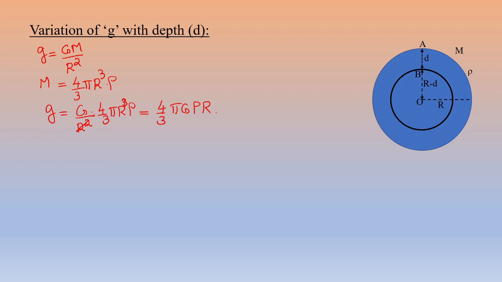Now again look into the figure. If we consider a point B at a depth d, the acceleration due to gravity at the point B is similar to the value of g given by the above equation.